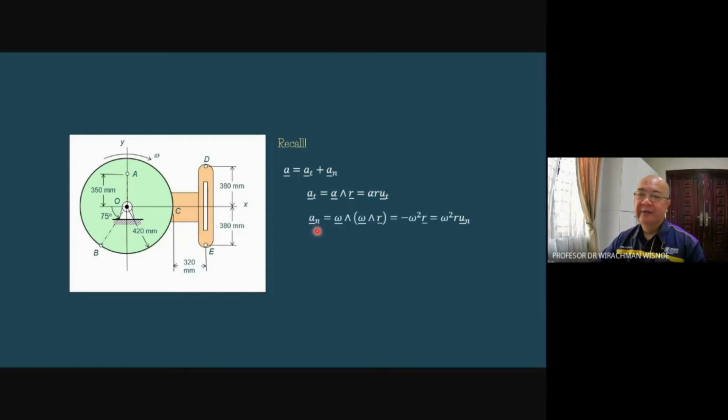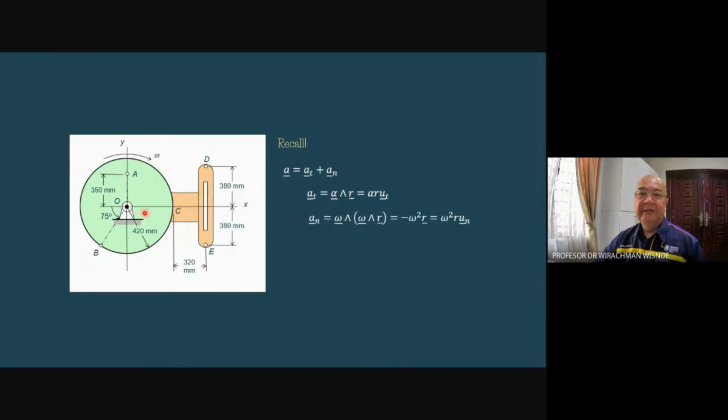The normal component of the acceleration is omega cross omega cross R. Since you know that the direction of the normal is always directed towards the center, at A, the direction of the normal will be from A to O. At B, the direction of normal will be from B to O. At D, the direction of normal will be from D to O. You see, all towards the center.